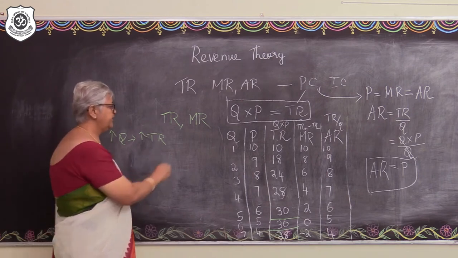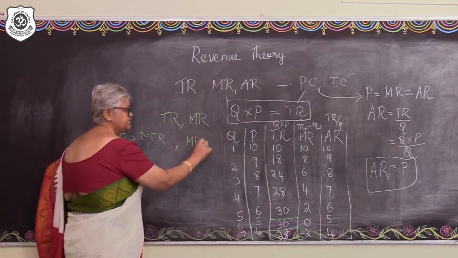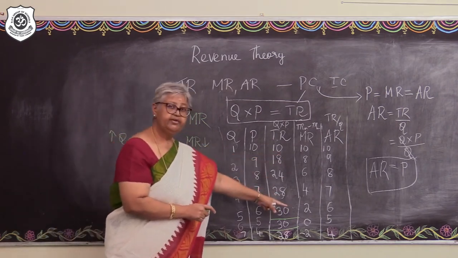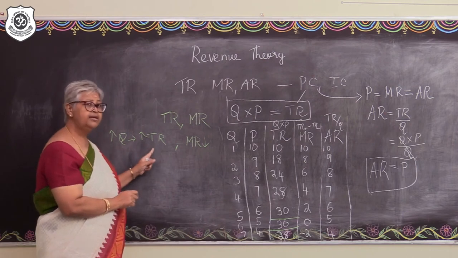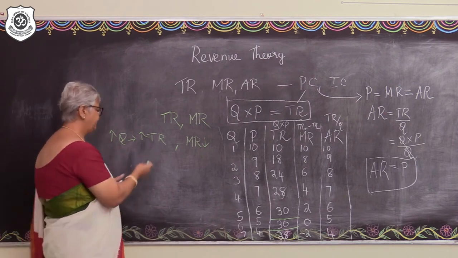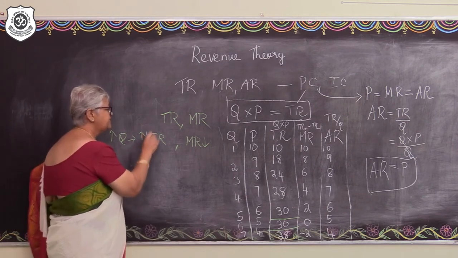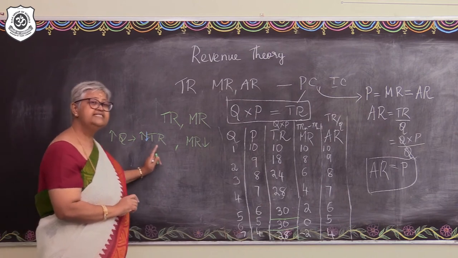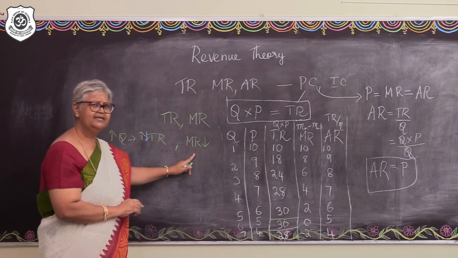When total revenue increases, the marginal revenue is falling. Continuously it's falling. That indicates the increase in the total revenue is happening at a decreasing rate, indicating MR is falling.